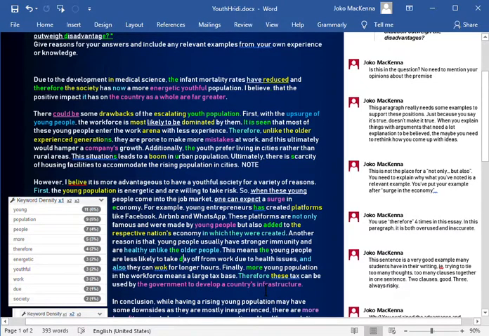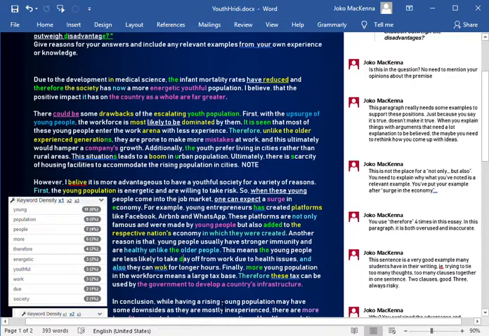Why? Why? I mean, if they're under 18, they're not paying taxes. Therefore, there's "therefore" again. Now, therefore, as we can see here, is used 4 times in this essay. And it means as a consequence, right?